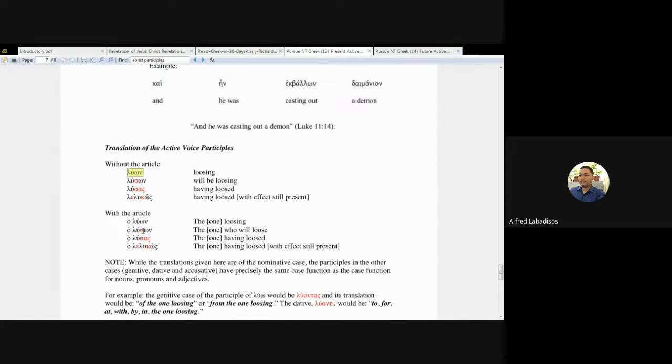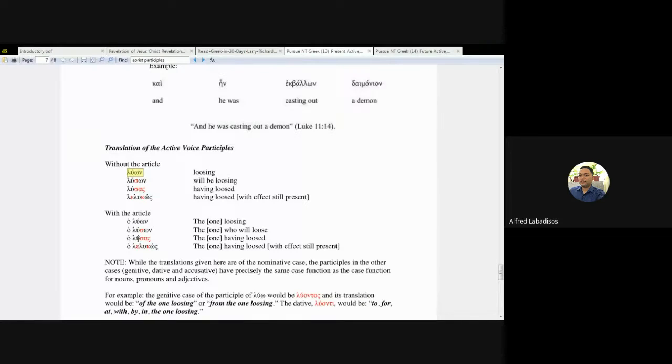With the article, how do you translate? The one losing, or you can translate this in a relative clause: who is losing or who are losing. Then we have ho luson, the one who will lose.